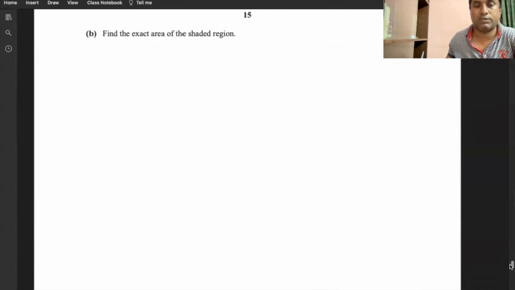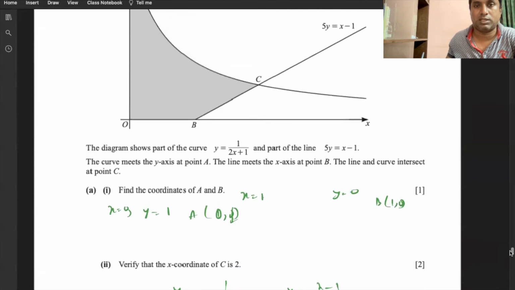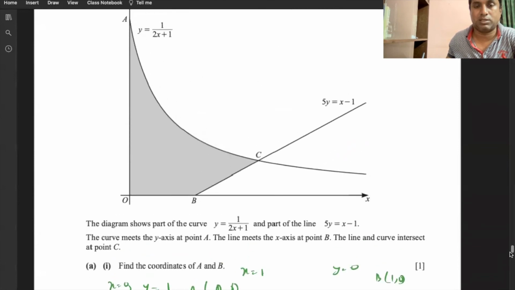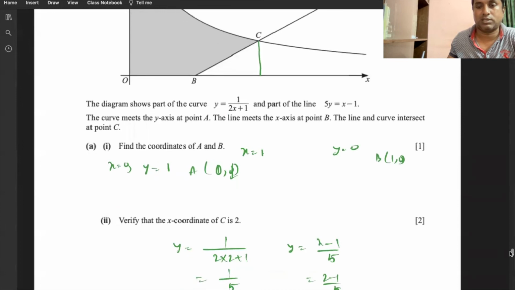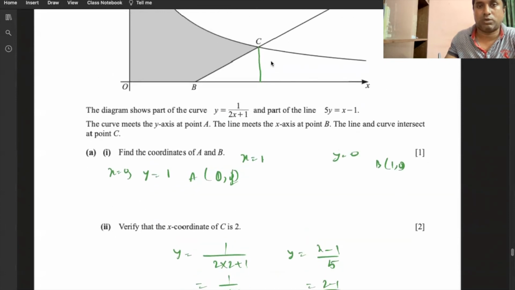Now the exact area of the shaded region. This is the triangle. The height is 1/5, the base is 1, up to 2.